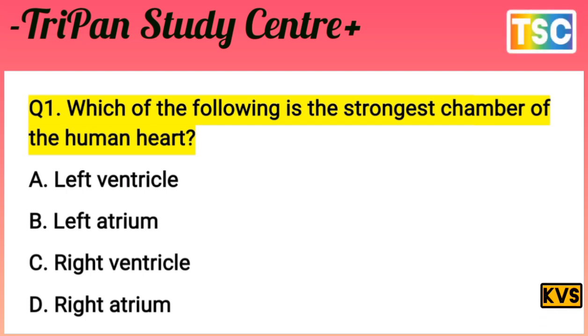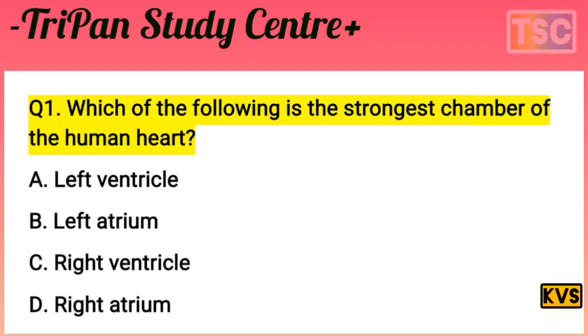The left ventricle is the strongest chamber of the heart, because the left ventricle pumps oxygen-rich blood to the entire body. So the left ventricle is the strongest chamber of the human heart. That's an important question.